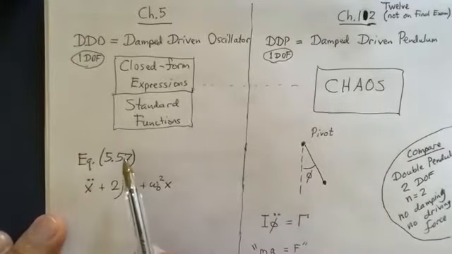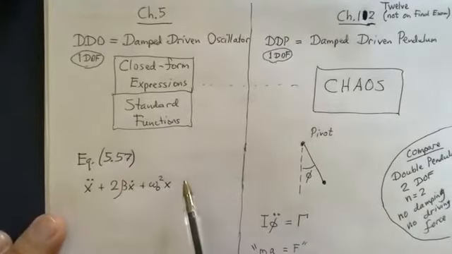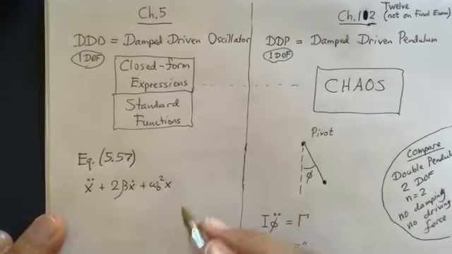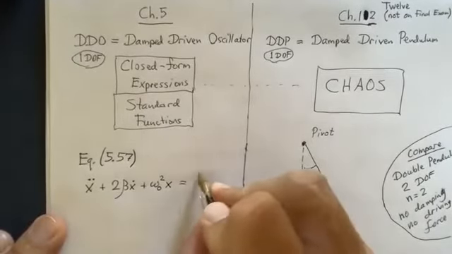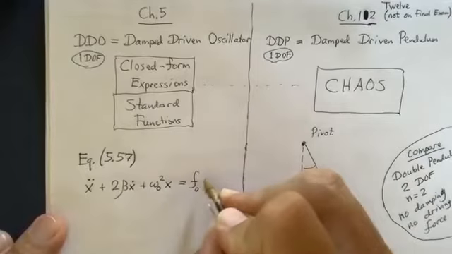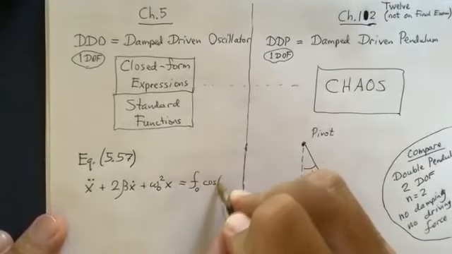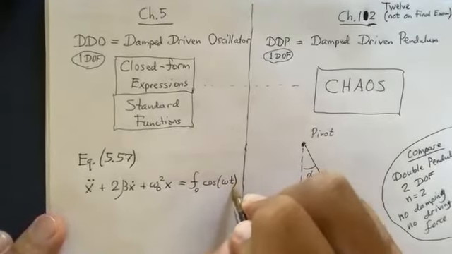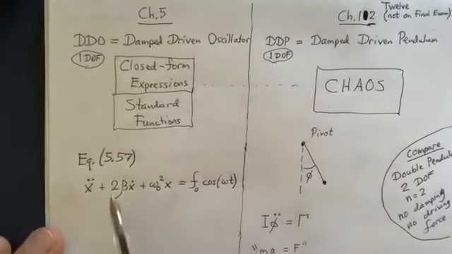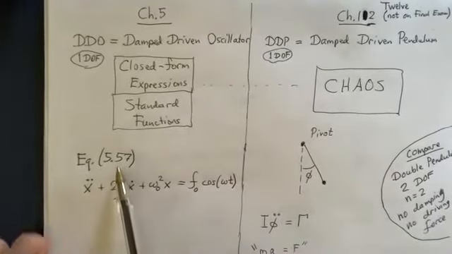And at that point in the textbook, we described the driving term in the following way. So this is equation 5.57.